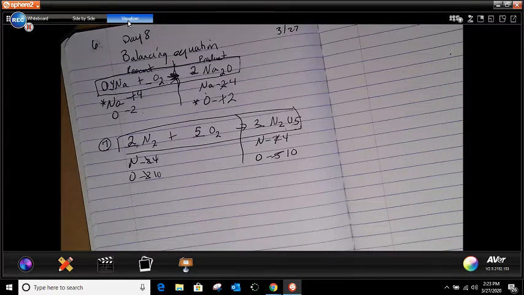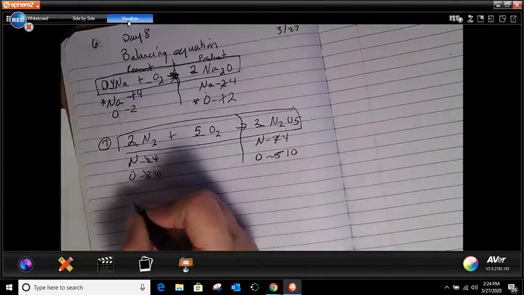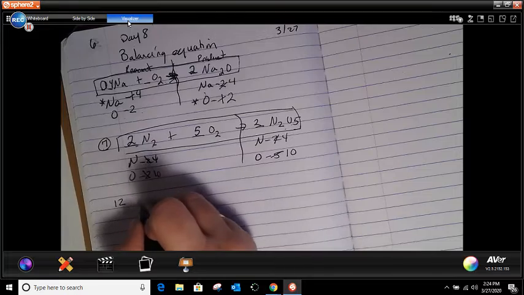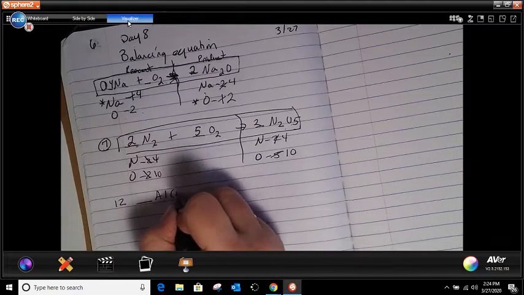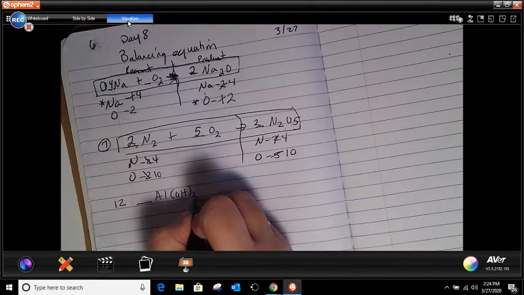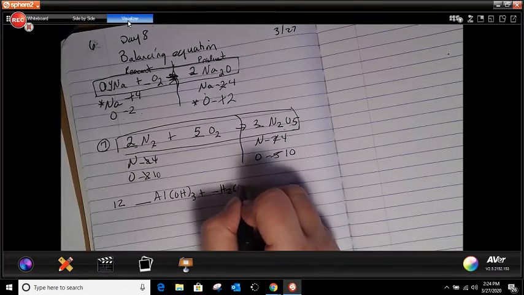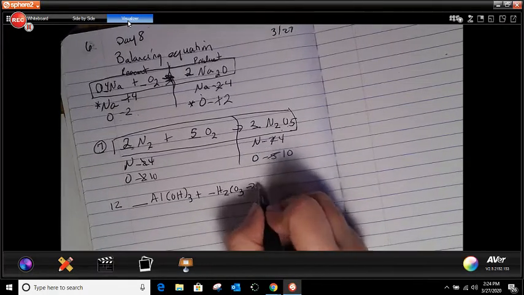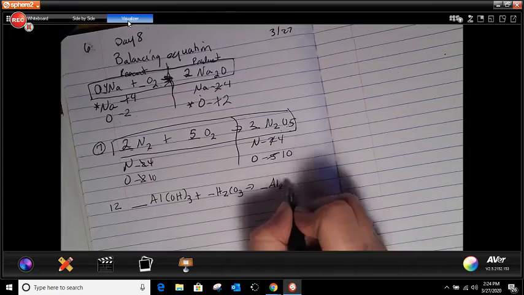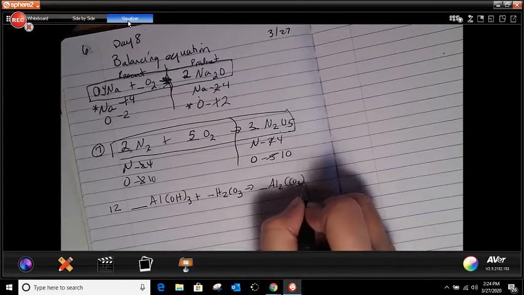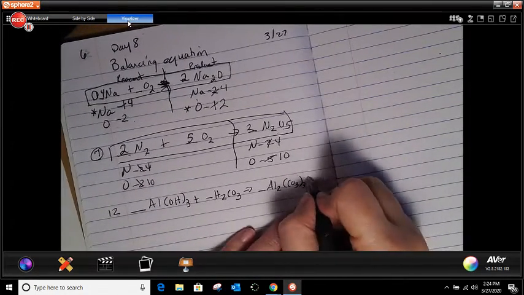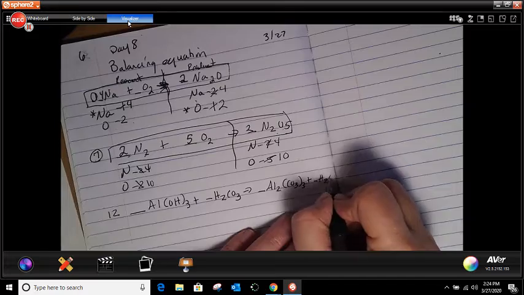So let's choose another one, and let's do a harder one. Let's do number 12. Okay? So number 12 says blank Al(OH)3 plus blank H2CO3 yields blank Al2(CO3)3 plus blank H2O.